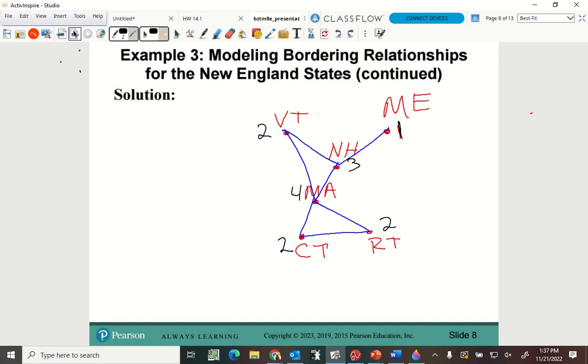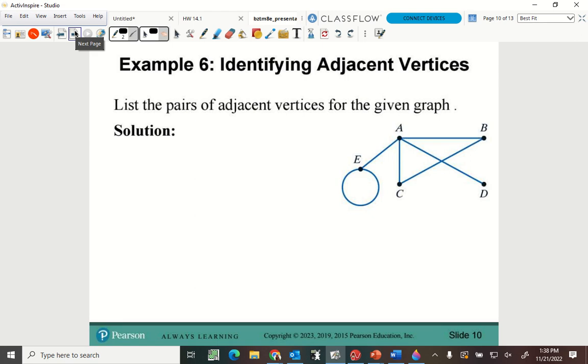All right, let's go through another example. Let's start off right here at letter A. What is adjacent to A? B, C, D, and E. We're listing them as adjacent because there is an edge connecting those, right?